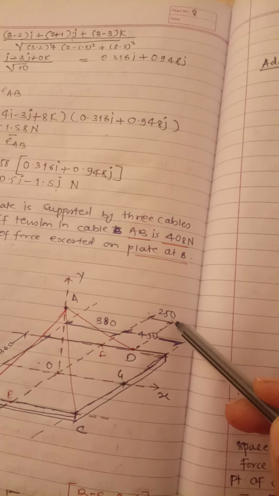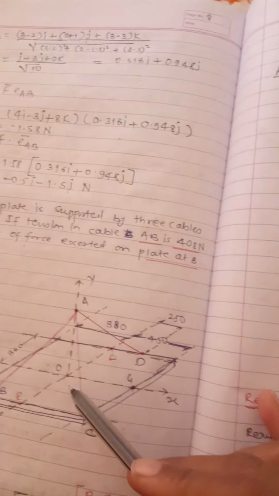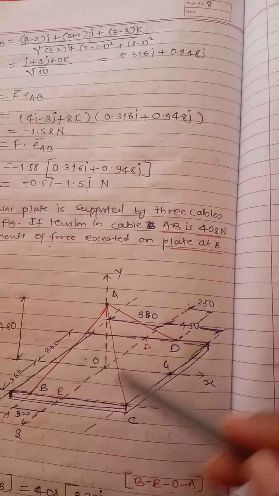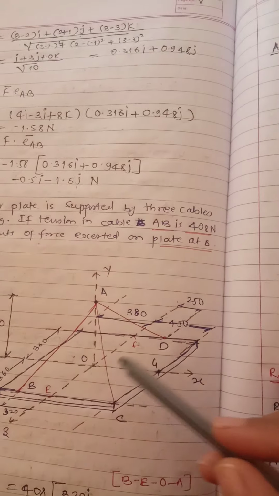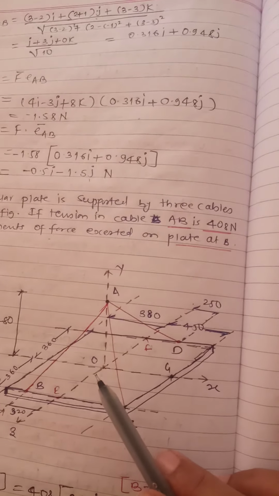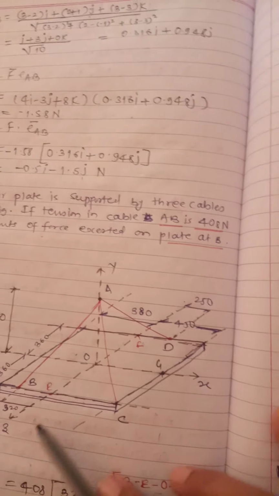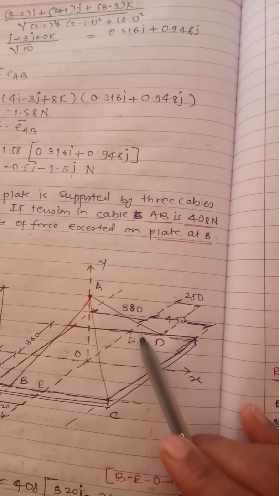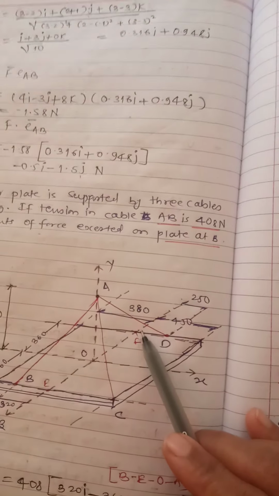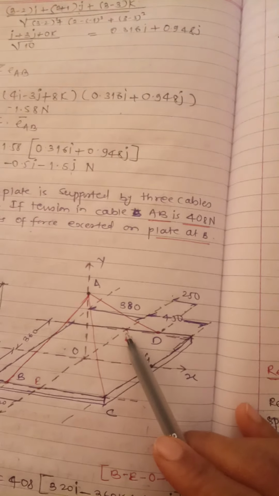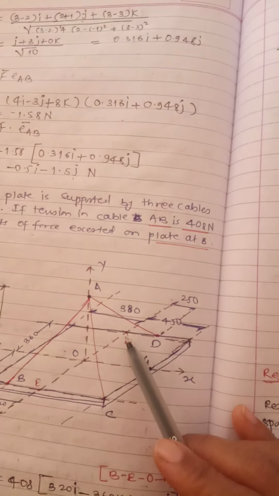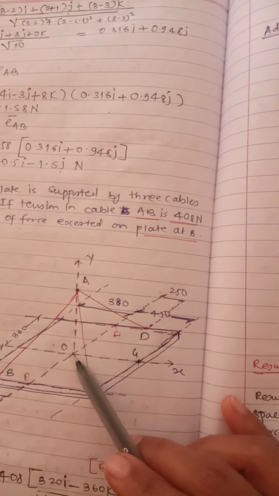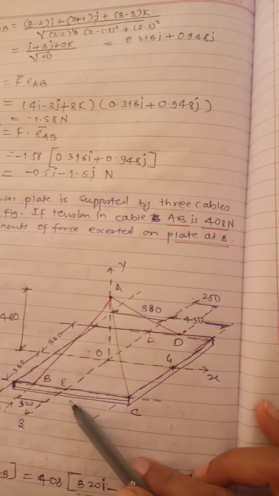That's why minus 250 should be there. F to O, again the z direction is going downward, so F to O will become positive.